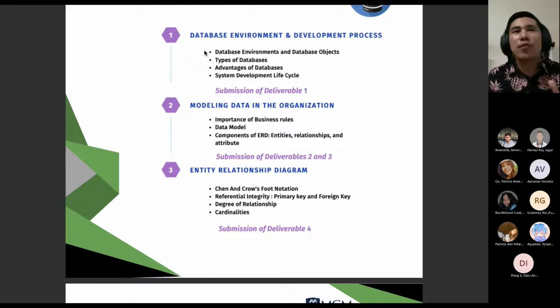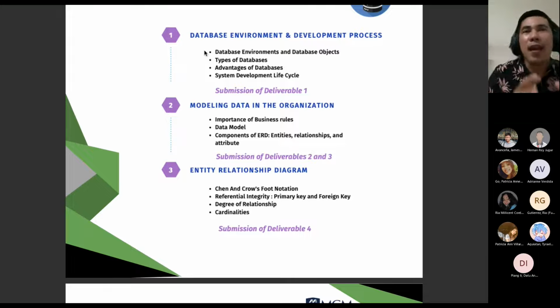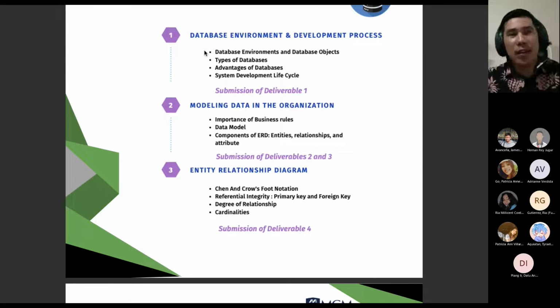The only way for us to relate every single record to another record is to establish a connection between the tables. Okay, so that's actually the idea of a relational database.